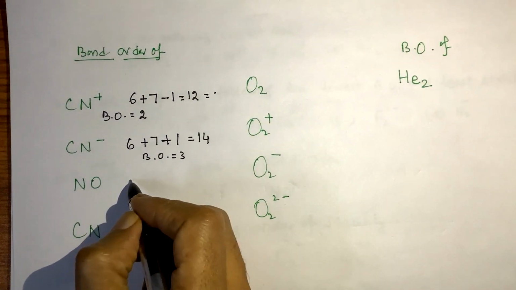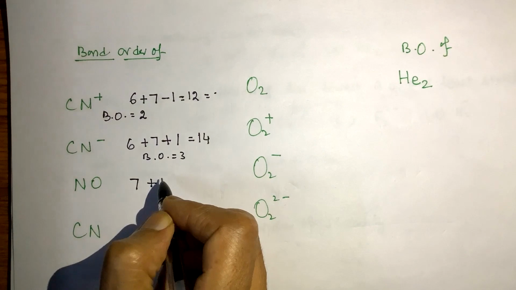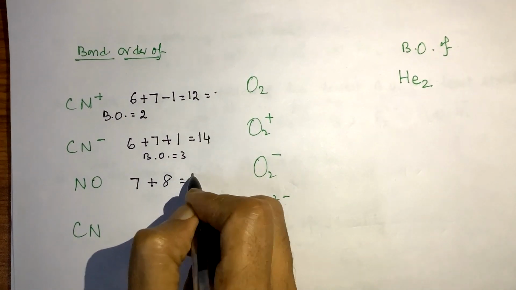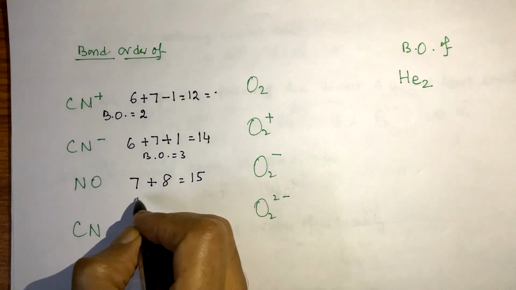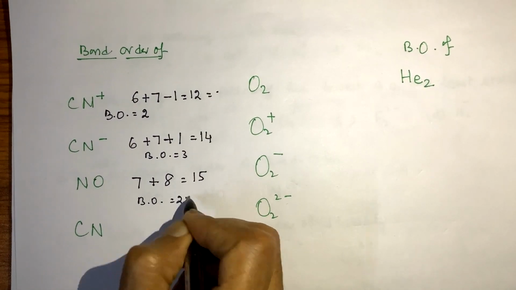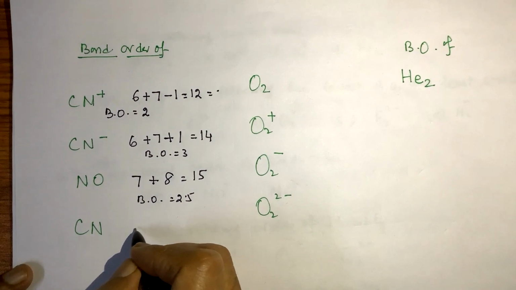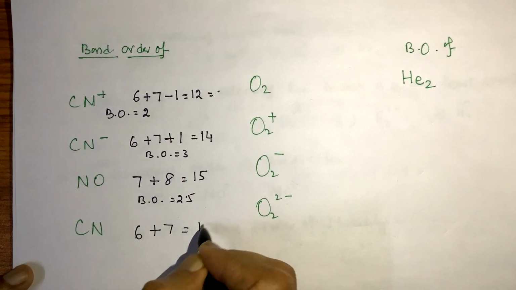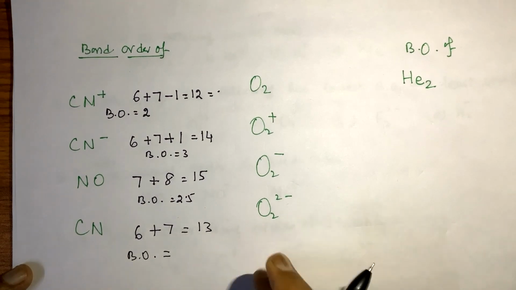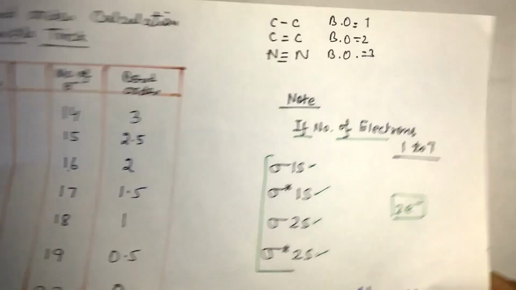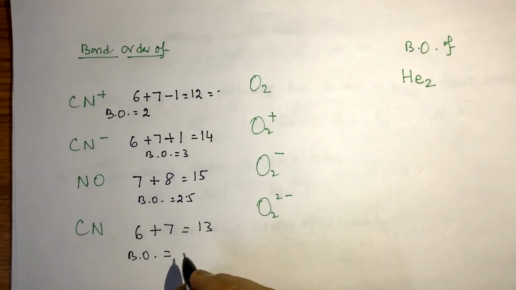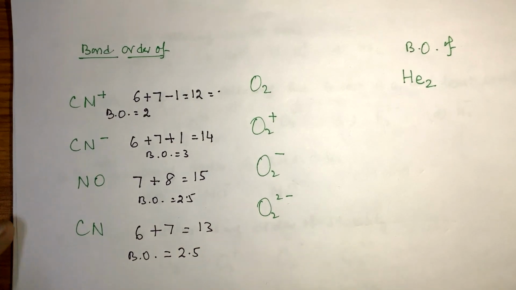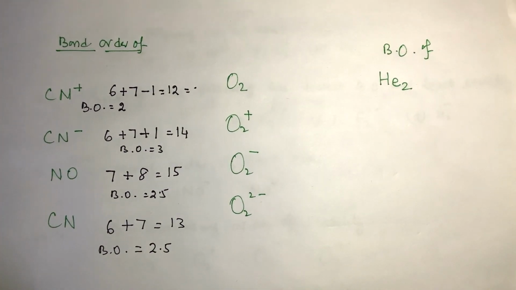Now NO: N is 7, oxygen 8, we get 15, and for 15 we have bond order 2.5. And CN: 6 plus 7 is equal to 13, and for 13 the bond order is 2.5. This way we can calculate the bond order.